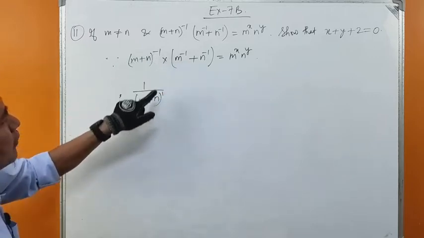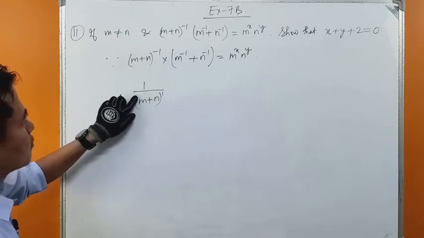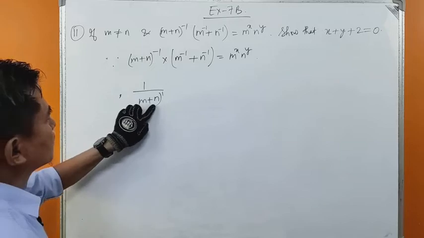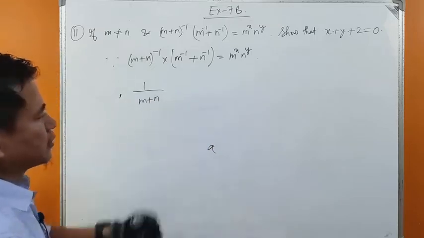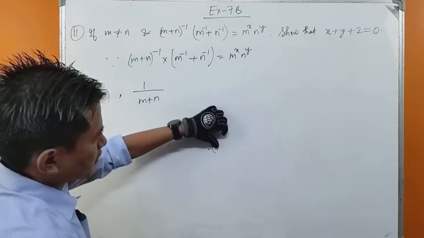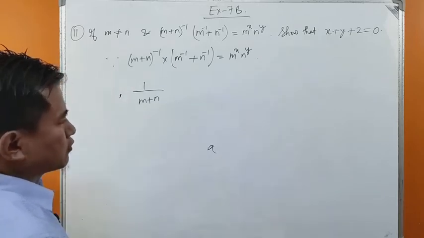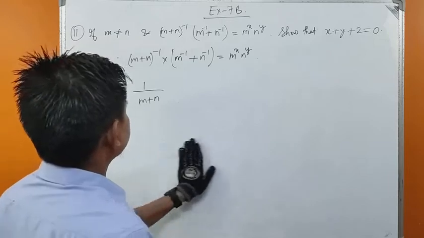Power minus 1, when we take the number to the denominator, the power changes to plus 1. If the power is plus 1, we don't usually write the plus 1 power, isn't it? Because when we write a, we should understand the power of this a is plus 1, okay. Unless the power is mentioned, we should understand the power is 1. If we write 5, we should understand the power of this 5 is 1, okay.